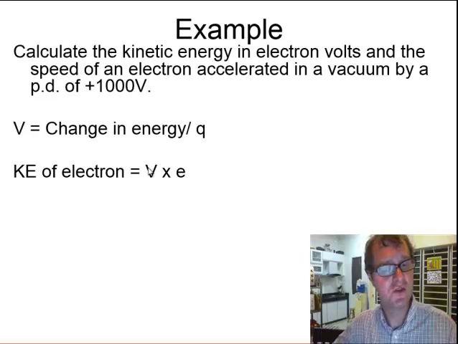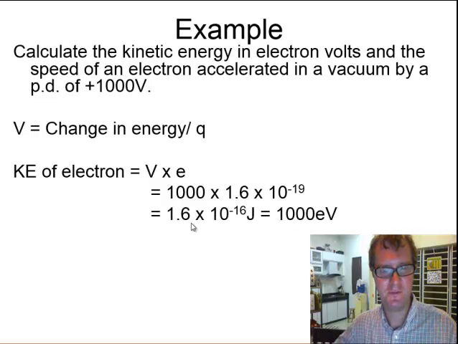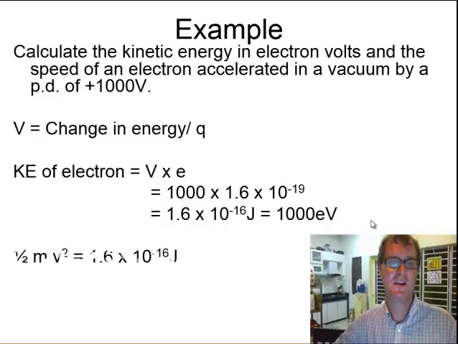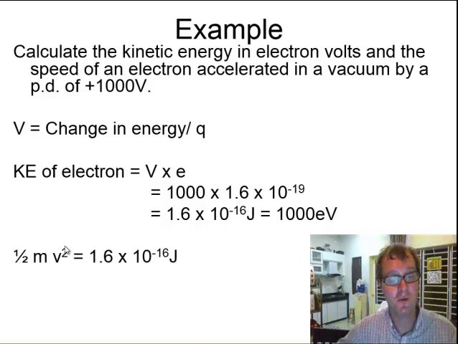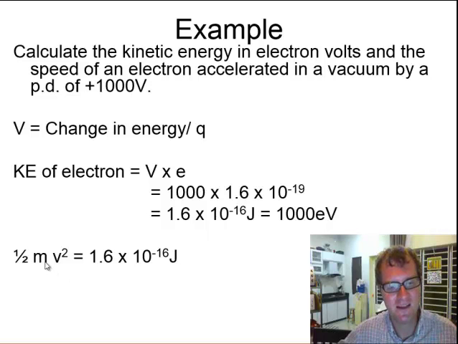Having rearranged and renamed that, we can recognise that 1000 multiplied by 1.6 times 10 to the minus 19 gives me 1.6 times 10 to the minus 16 joules, or 1000 electron volts. The kinetic energy is calculated. For the speed, if we know how much energy it's gained and we know the mass, the only unknown is going to be the velocity.